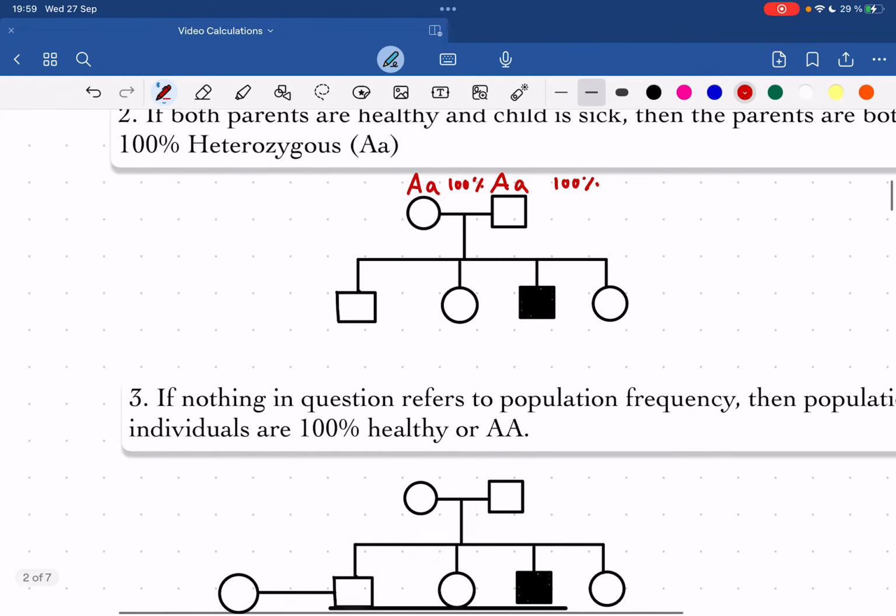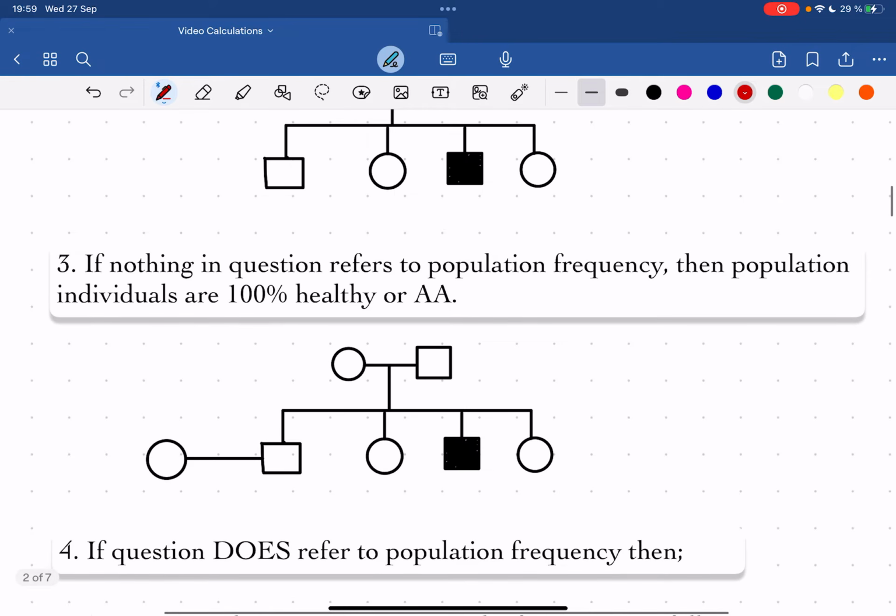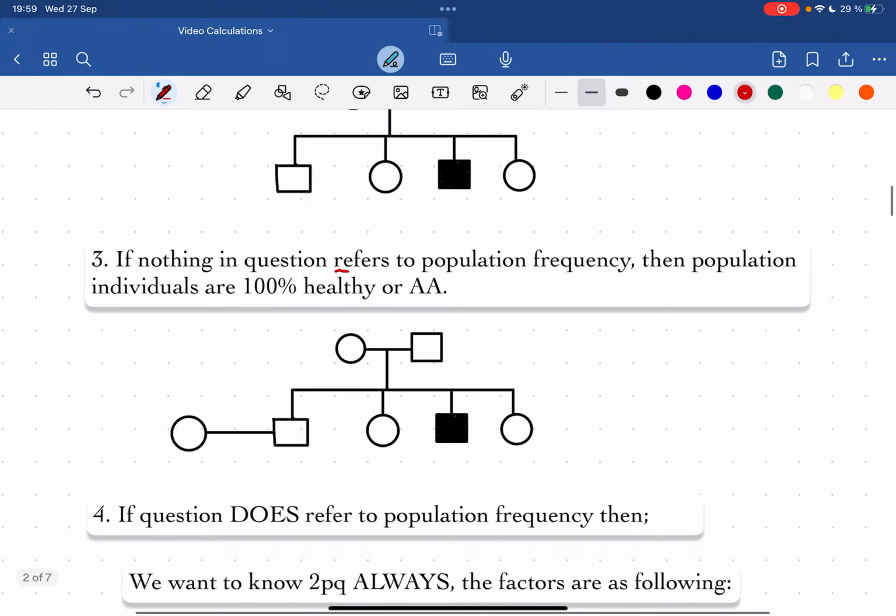All right, next rule. If nothing in the question refers to population frequency, then the population individuals are 100% healthy, or have this type of phenotype. So, for example, if we say there's a kid between these two, and they're asking about the probability that this kid is affected, then we take the parent's probability.